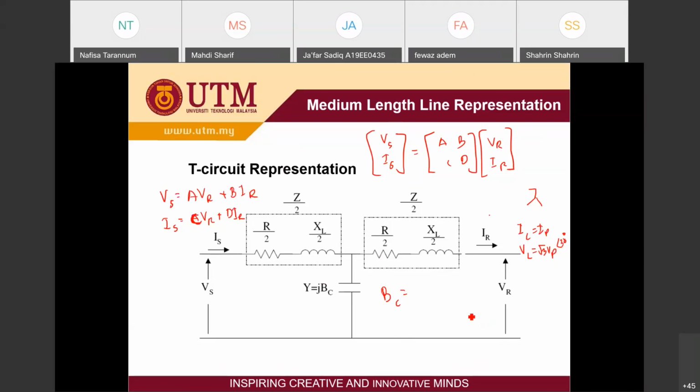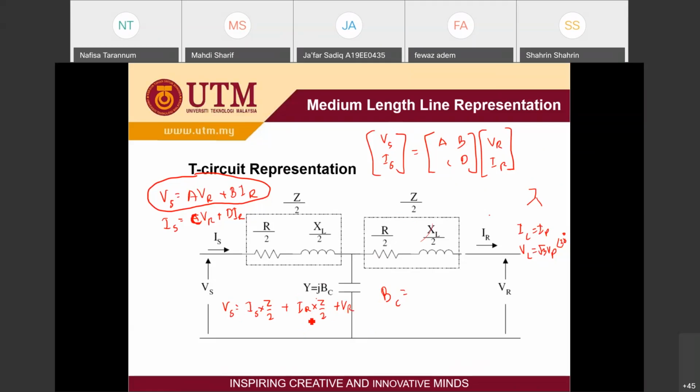So to get the first relationship, you can always refer to this circuit, where from here I can see that my Vs is equal to the voltage drop, which is Is multiplied with Z over 2, plus the voltage drop here, which is IR multiplied with Z over 2, plus VR. So I now have Vs as a function of IR and VR.